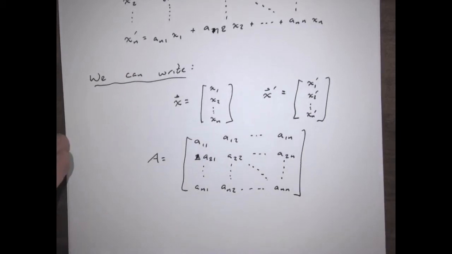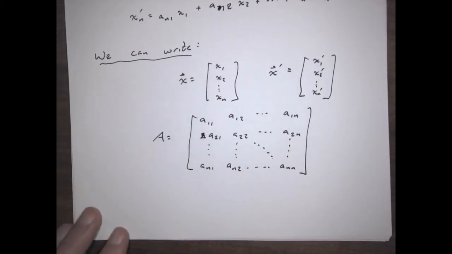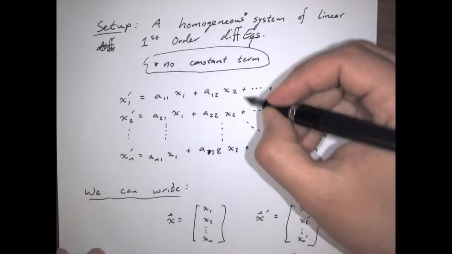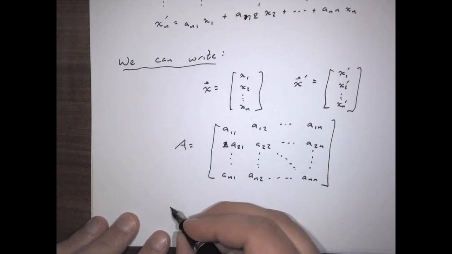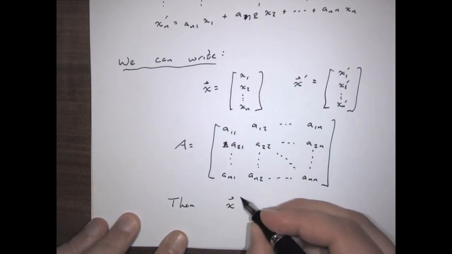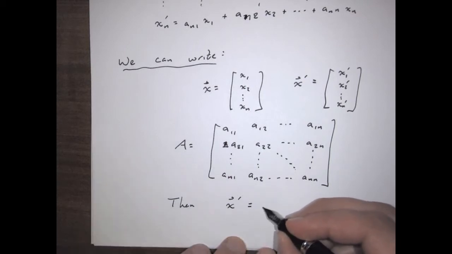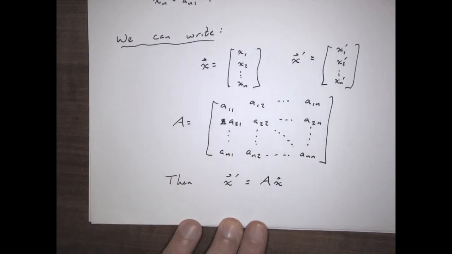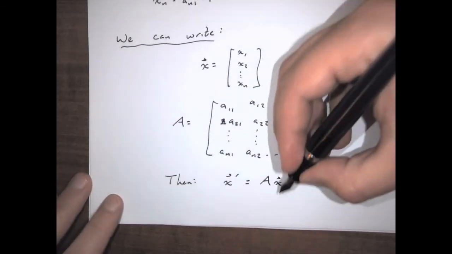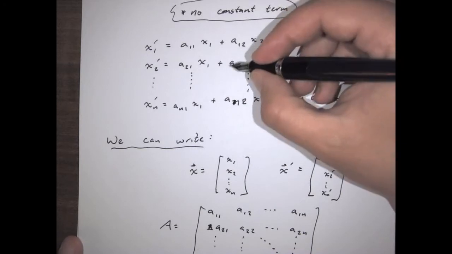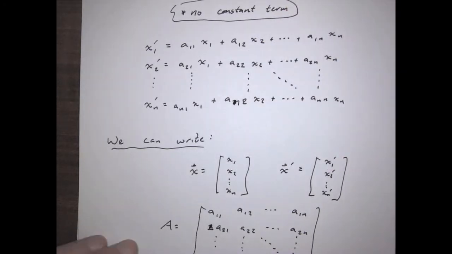And then that gives us a way to represent this very expression as in fact a matrix product. So then x prime is equal to Ax. If you think about what it means to have a matrix times a vector, it means producing, in fact, this exact system of equations.